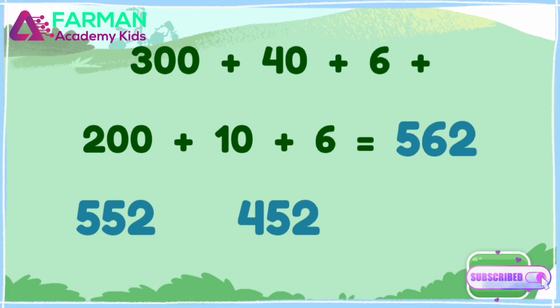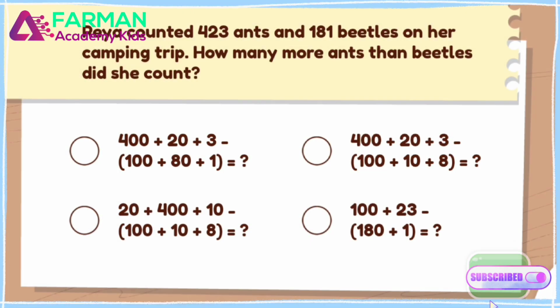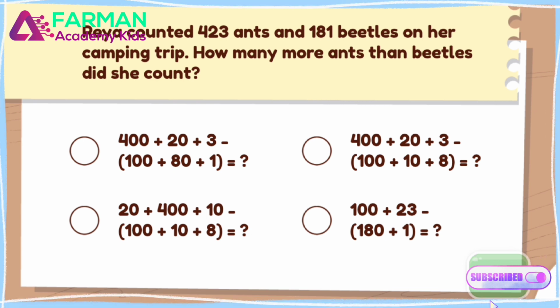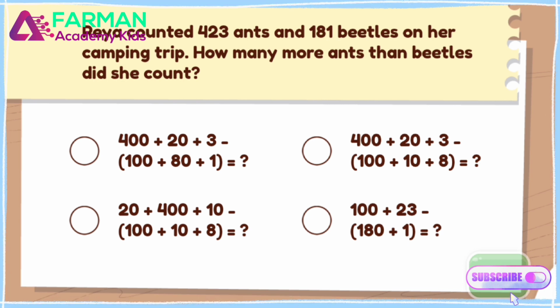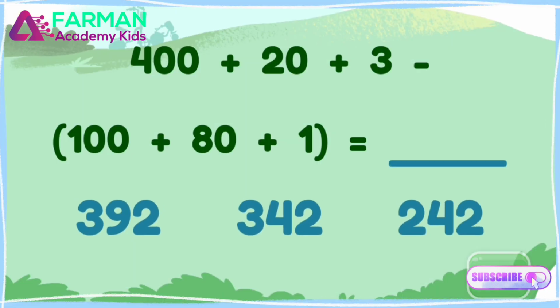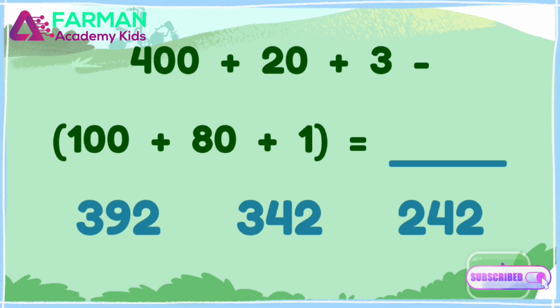Now let's do a subtraction problem. What equation in expanded form can we use to solve the problem? Super! Now let's solve the problem. This is a subtraction problem. We're taking away the bottom 3 numbers from the top 3 numbers.